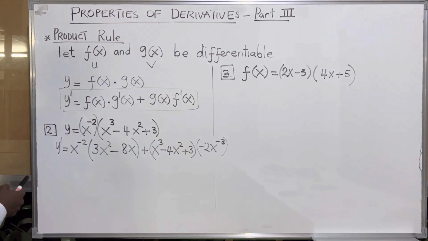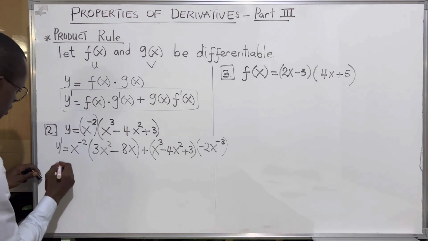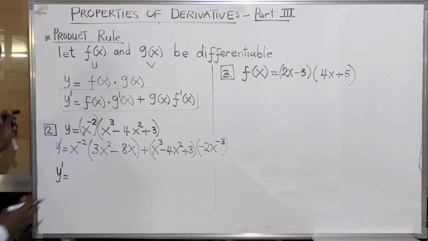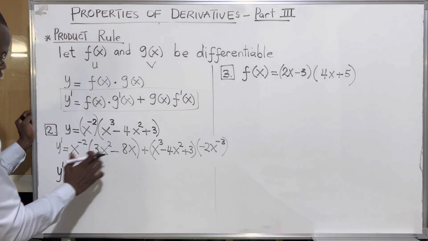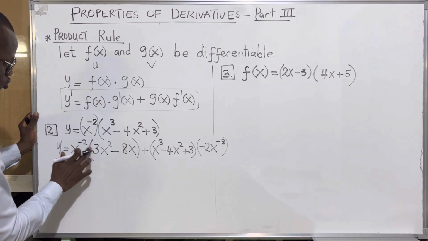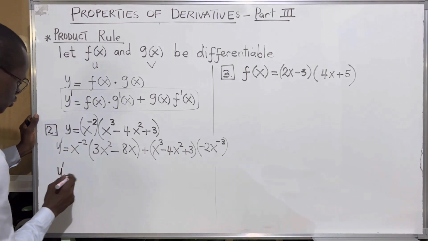So now for this problem, y prime is equal to, now we can multiply each term in here by this factor. So it's x to the minus 2 times 3x squared.